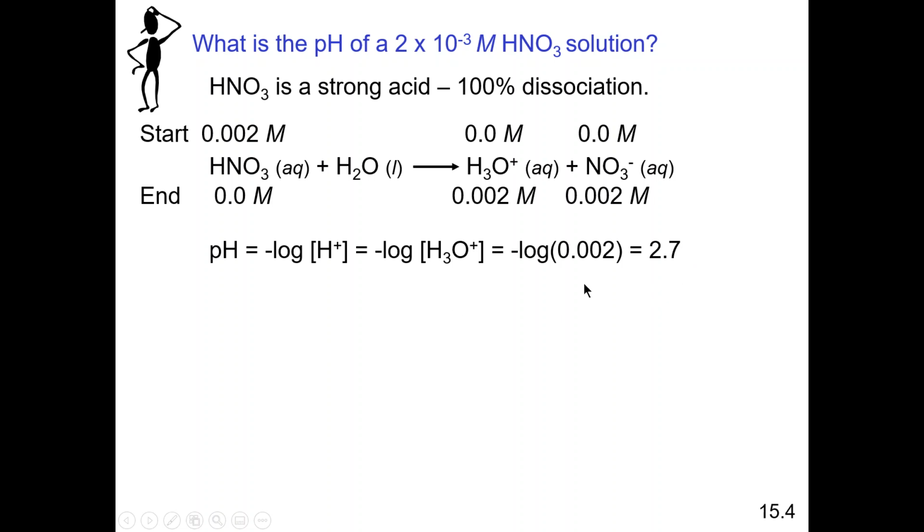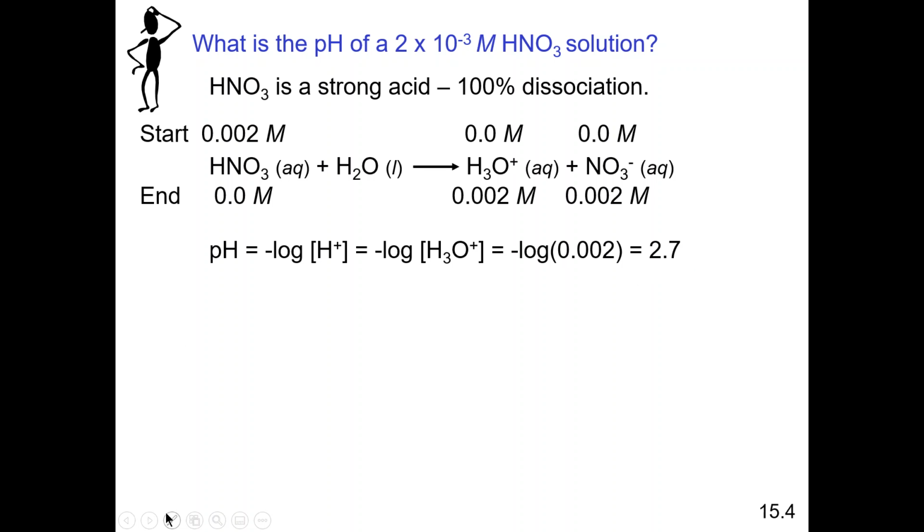All right. Now, one thing I want to mention here, and I think I should have mentioned it before, has to do with how we round off to the correct number of significant figures when we apply the log function to certain numbers. The rule is that whatever the number of significant figures in the number you're finding the log of, the number of decimal places expressed in the final answer should be the same.